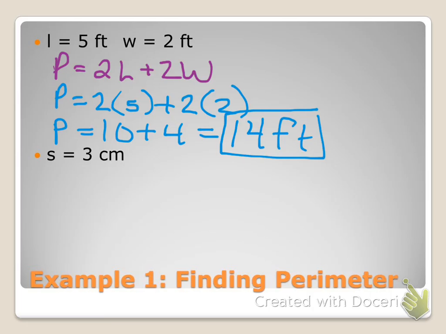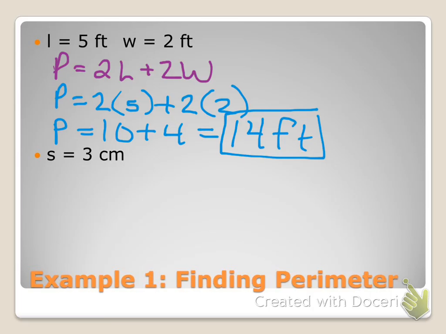So a couple things I need. I need the formula. I need you to show your substitution, and then you can box your answer. If you add 10 plus 4 in your head, that part is fine, but I need to see formula, substitution, and a boxed answer.